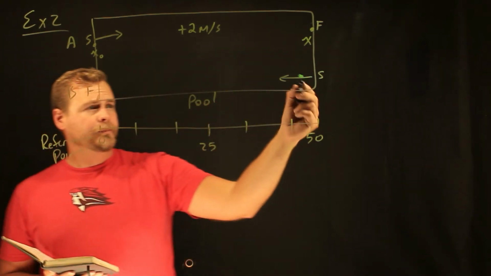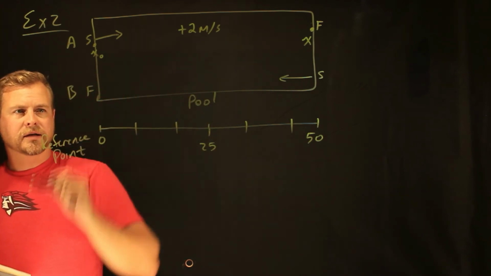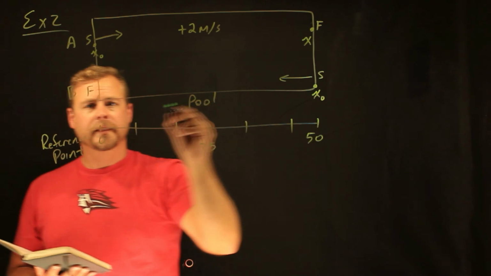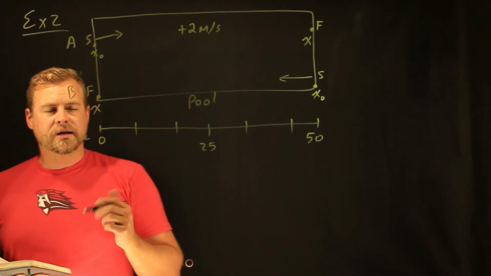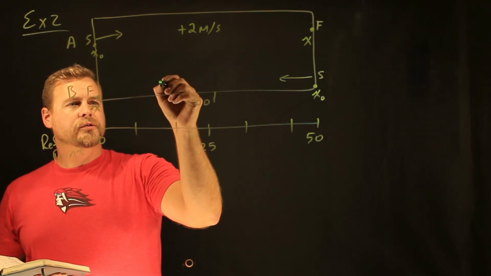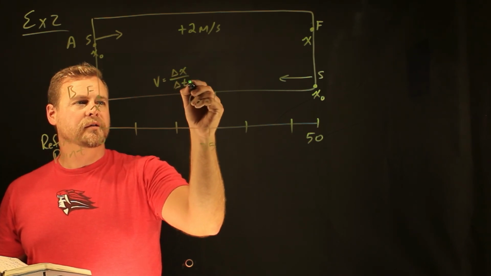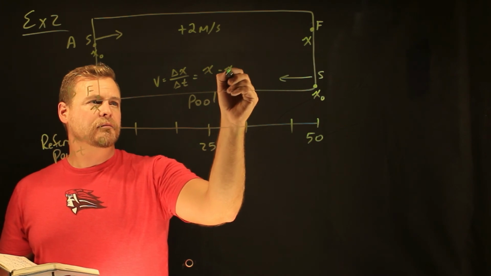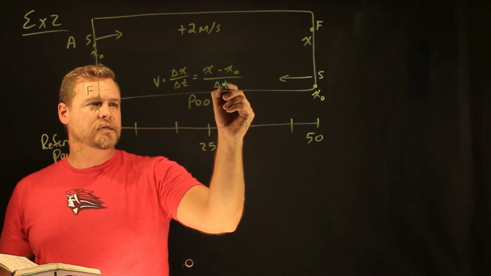Swimmer B starts over here at the 50 and comes back to 0, and so this initial position and this final position produces a negative value. So when you do the velocity, delta x over delta t, what we're really looking at is x minus x naught over the change in time.